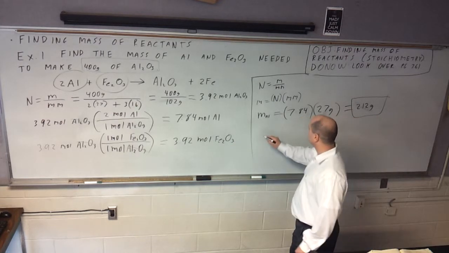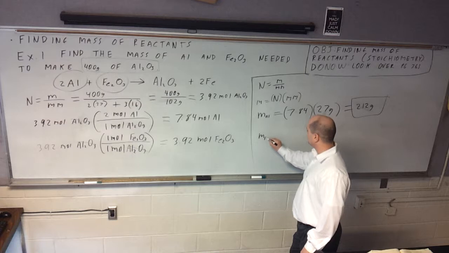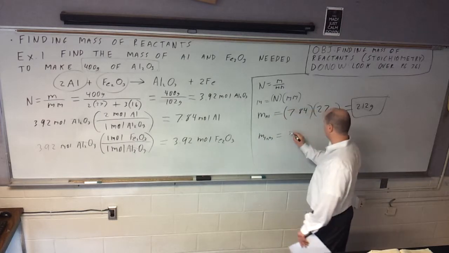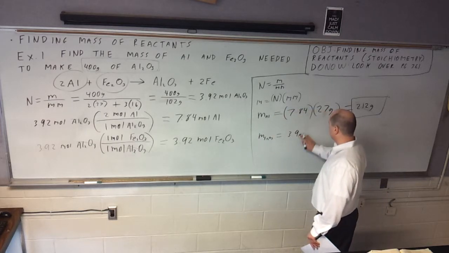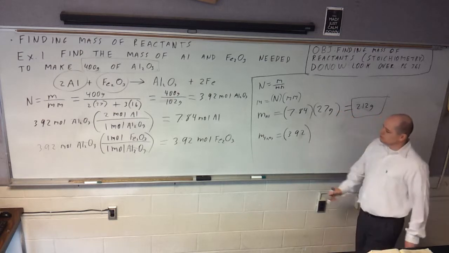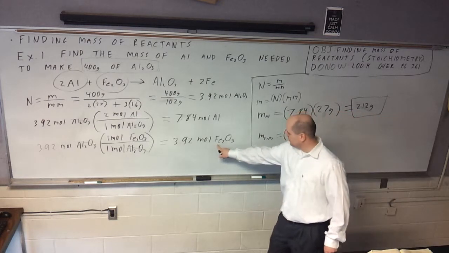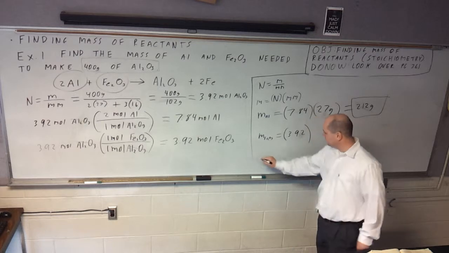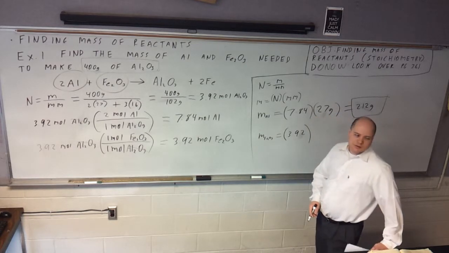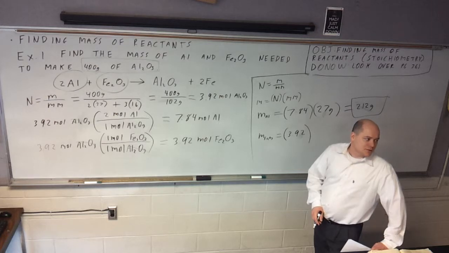Now we'll do mass of the other stuff, iron oxide, Fe2O3. And this is going to be 3.92 moles times the molar mass of iron oxide. Well, what's the mass of iron? 56.